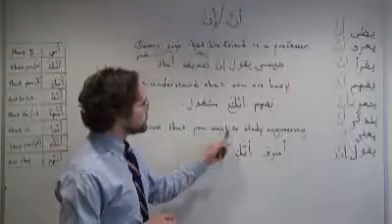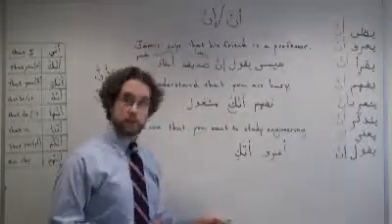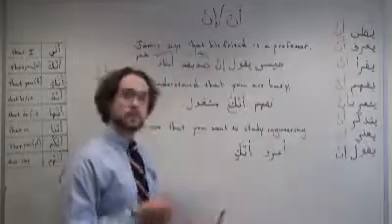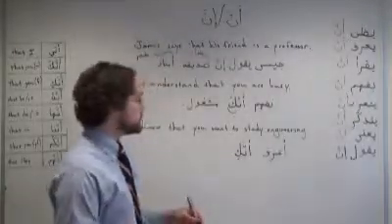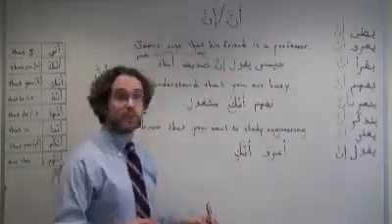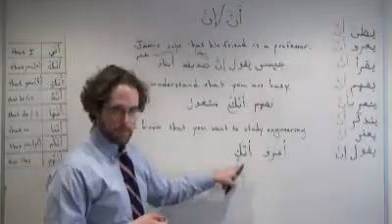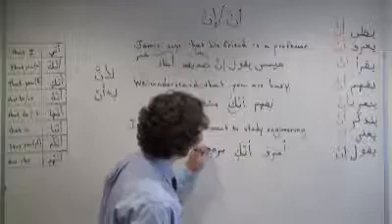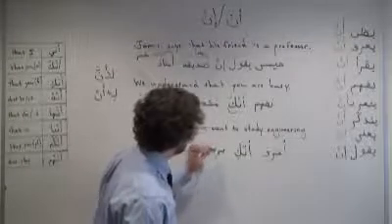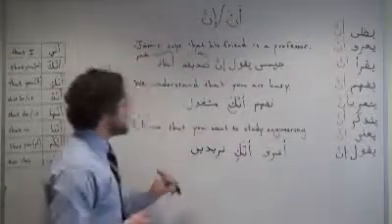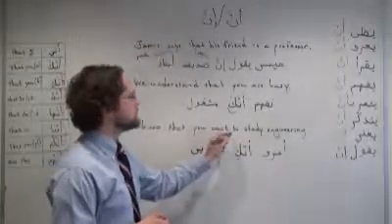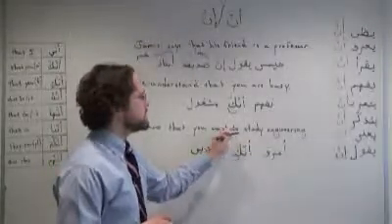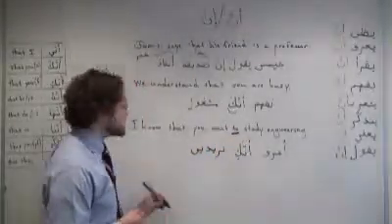And now we're going to use a conjugated verb, right? As though we're saying enti. So you want, we would say enti turidin, but we don't need enti because we have our modified pronoun here. Annaki turidin. You want to study. Now we remember that in a formal Arabic sentence like this, we're going to use a different particle.